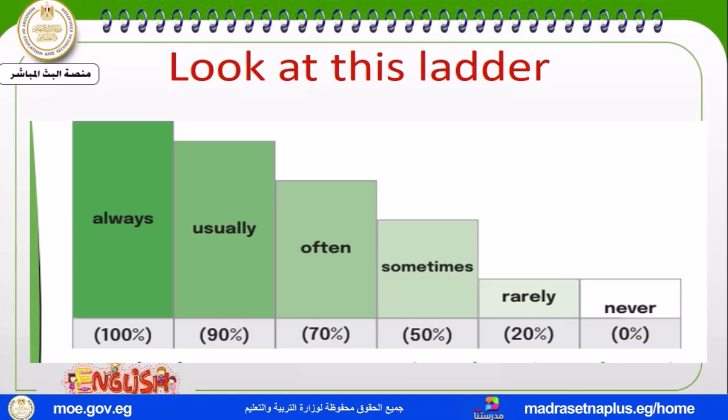When we say sometimes, we say that the number of times I do this thing is the same as the number of times I don't do it. For example, I sometimes play tennis. That means that I play tennis 3 days a week, and the other days I don't play tennis. It's equal.